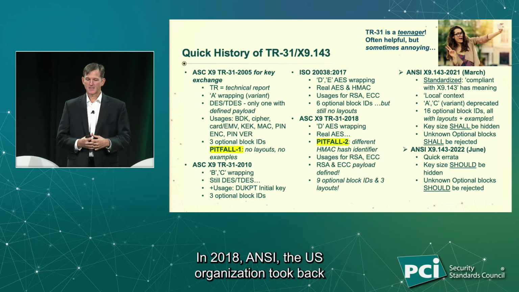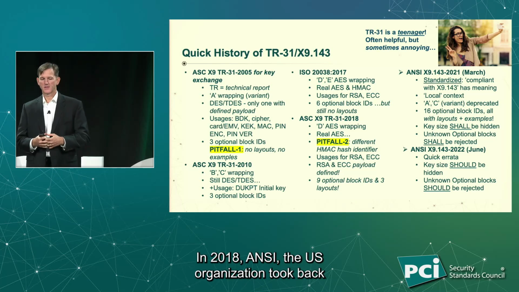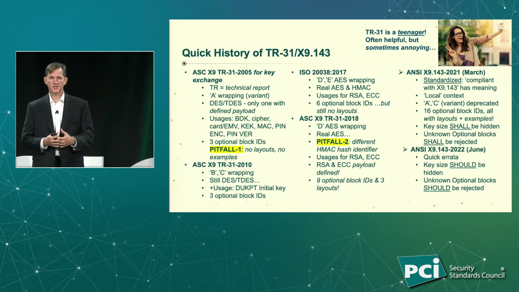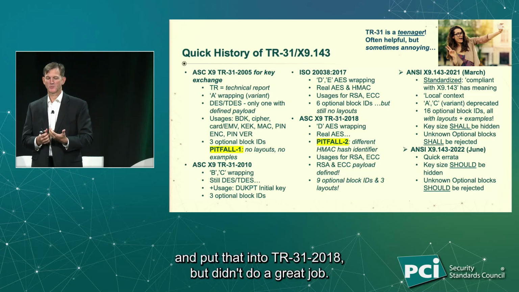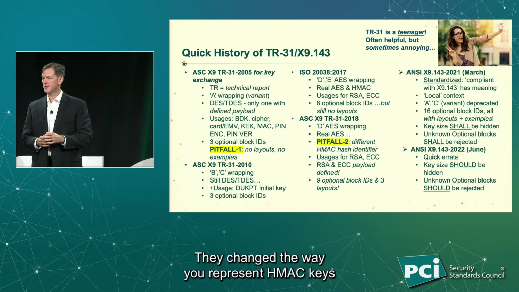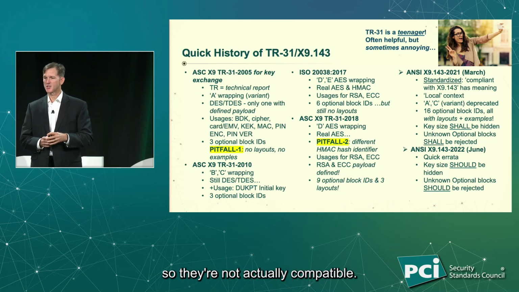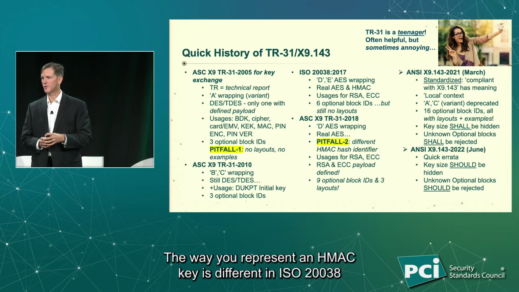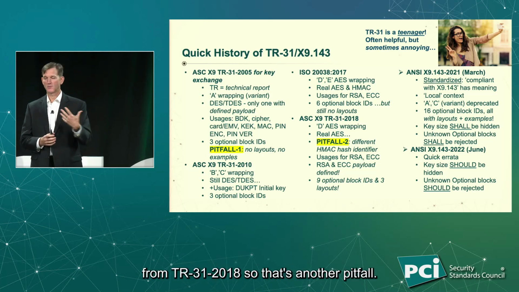In 2018, ANSI, the US organization, took back the contribution from ISO and put that into TR-31 2018, but didn't do a great job. They changed the way you represent HMAC keys. So they're not actually compatible. The way you represent an HMAC key is different in ISO 20038 from TR-31 2018.